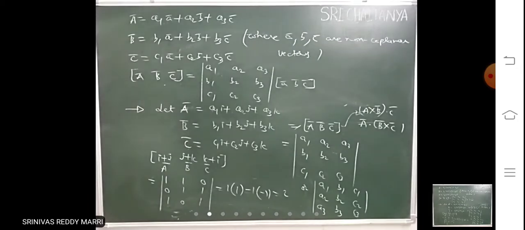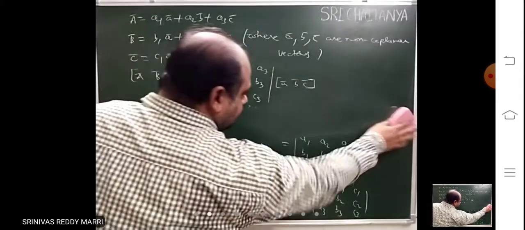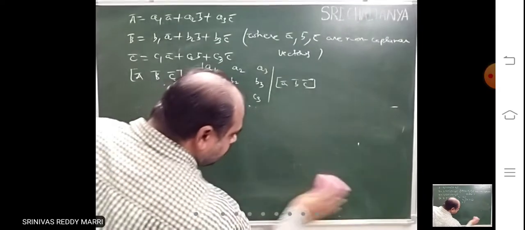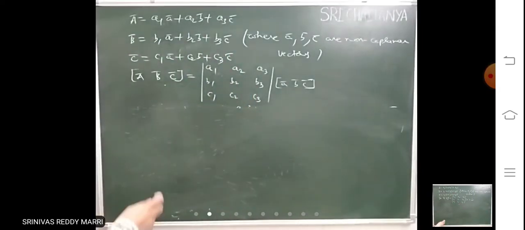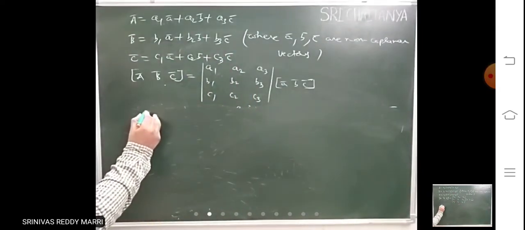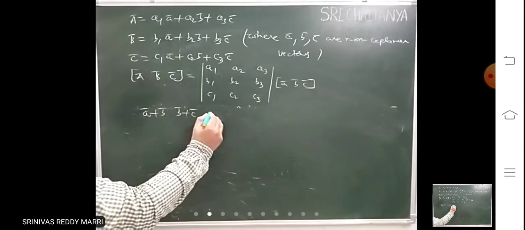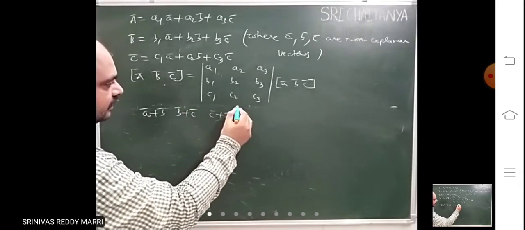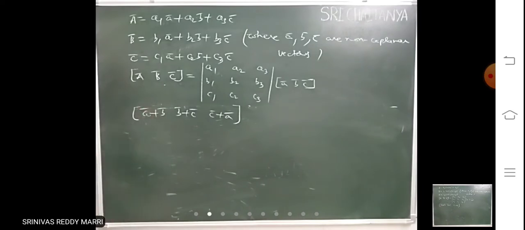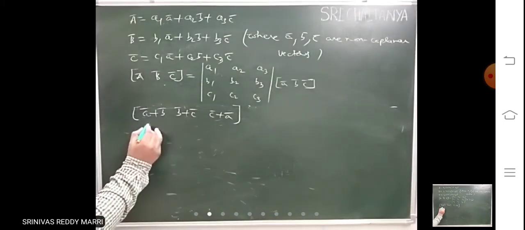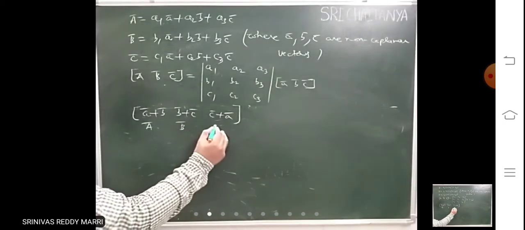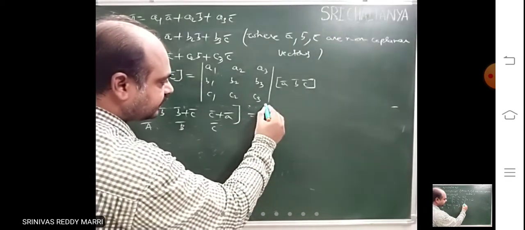Suppose take an example: box of A bar plus B bar, B bar plus C bar, C bar plus A bar. Suppose you want to calculate the scalar triple product of this. What is the scalar triple product?